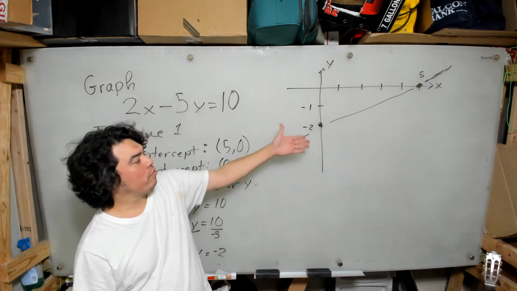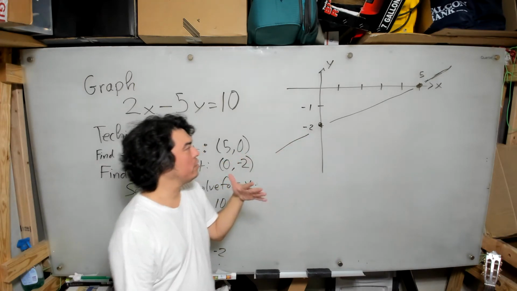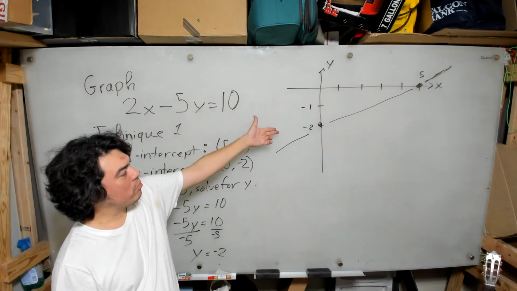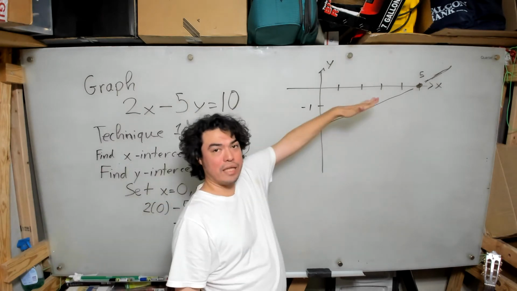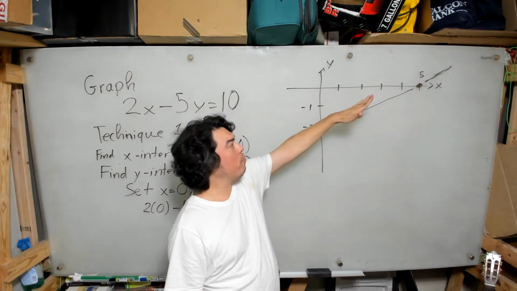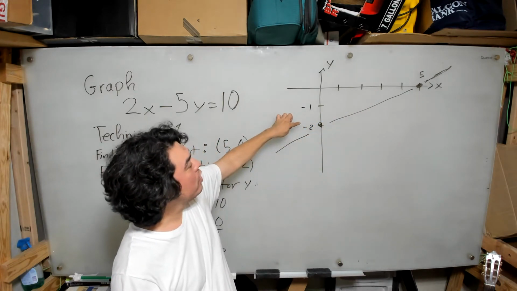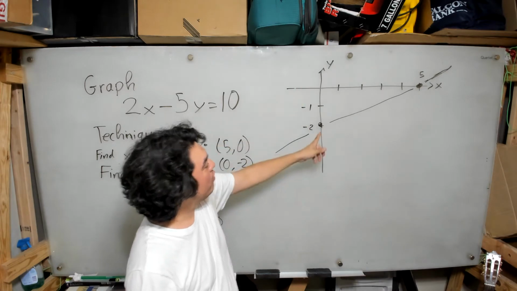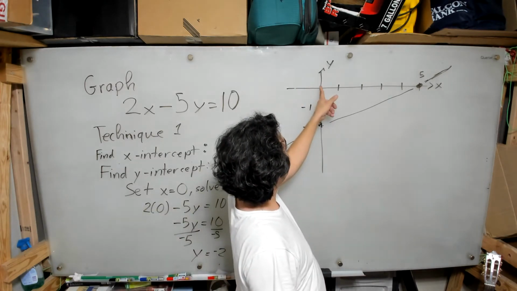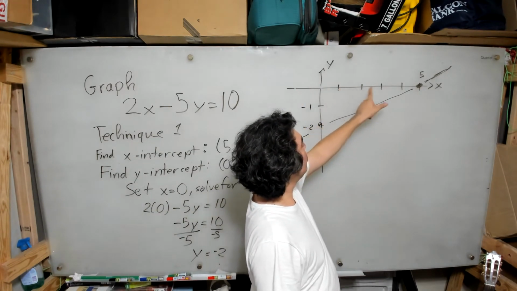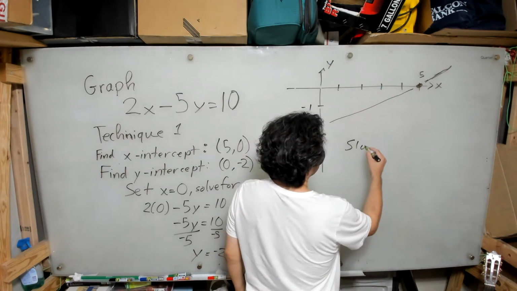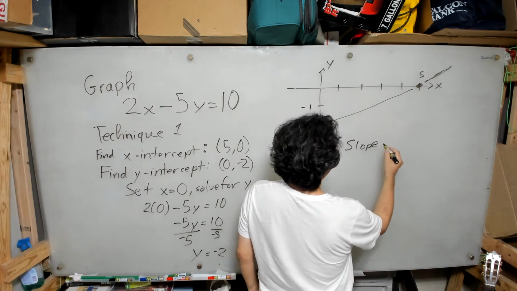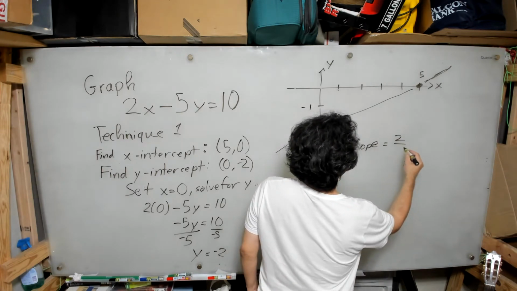Whenever you see a graph like this, I want you to think, okay, I've got the y-intercept, and I can find the slope now. Looking at how it tilts, I can see it's a positive slope. In fact, it's a rise of 2 and a run of 1, 2, 3, 4, 5. So I can see that the slope is equal to 2/5.